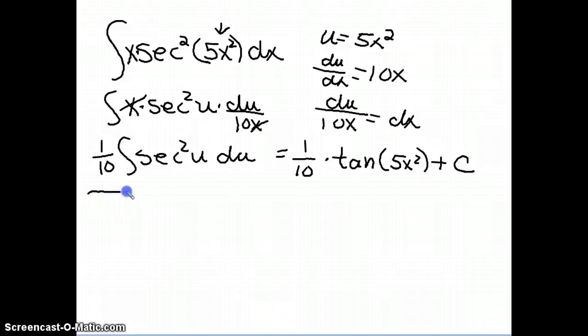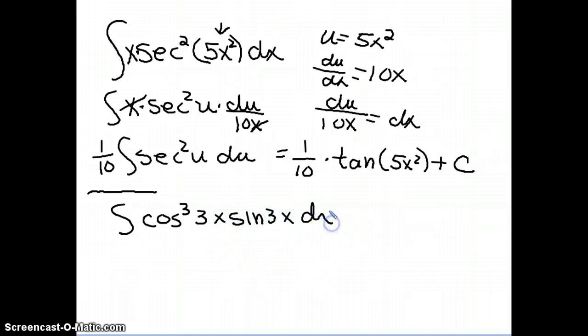So now, when you get something that looks like this, let's say I have cosine cubed 3x sine 3x dx. All right? And you're going, okay, oh crap. Like, that's not a rule. You don't have a rule that says cosine cubed times sine.